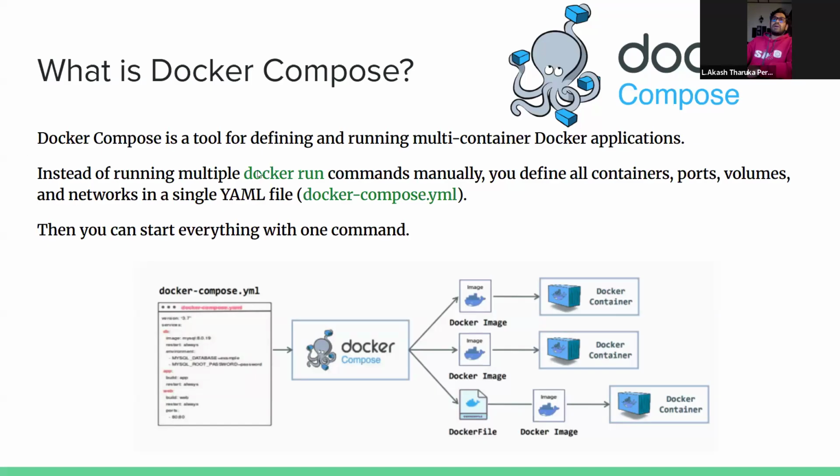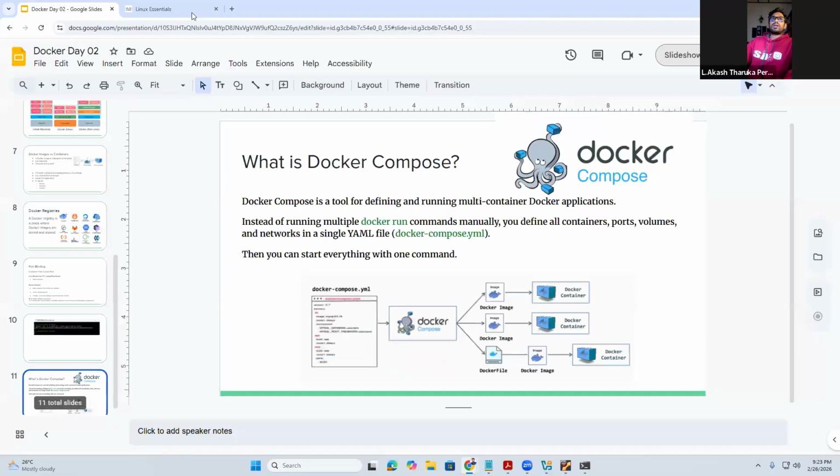So instead of running multiple docker run commands manually, you define all containers, ports, volumes, and networks in a single YML file. That's what you call Docker Compose. Everything that you need for your application will be defined in that YML file. Then you can start everything with one command.